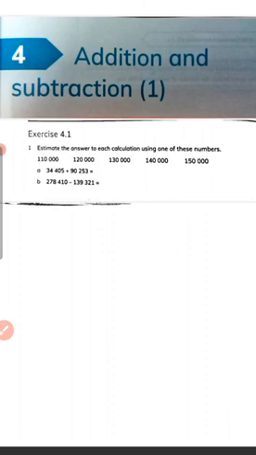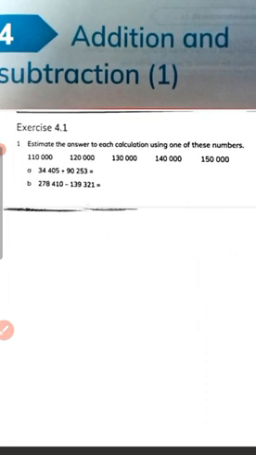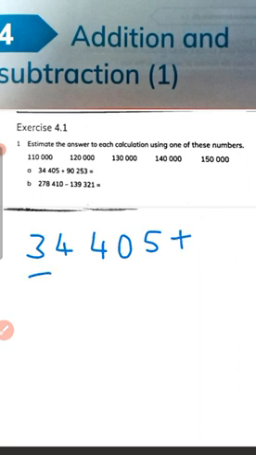Okay, our first question is: estimate the answer to each calculation using one of these numbers. The numbers given are 34,405 plus 90,000 plus 253.